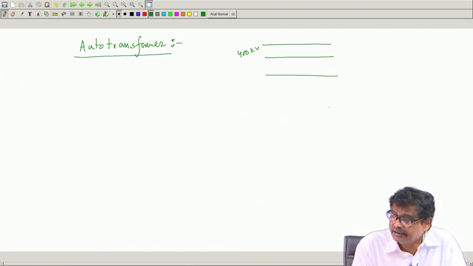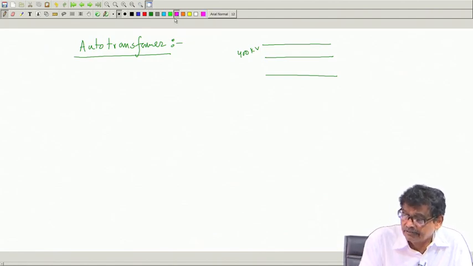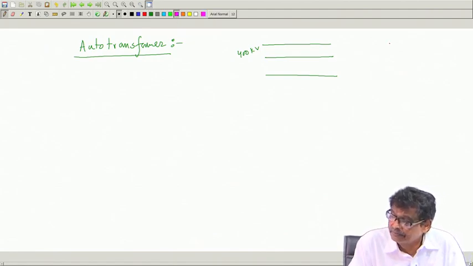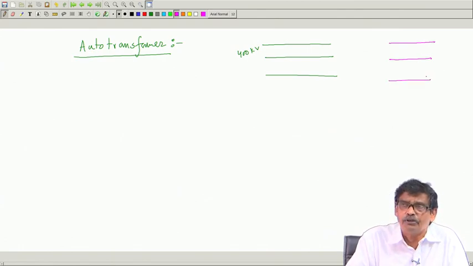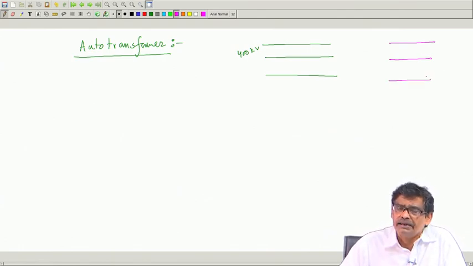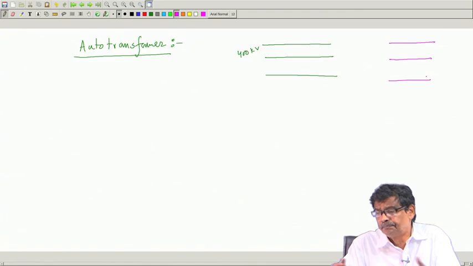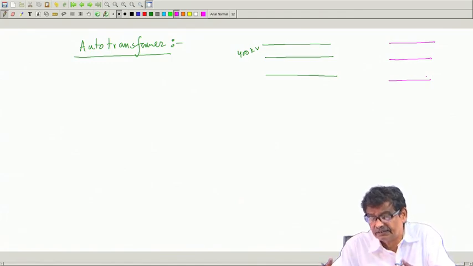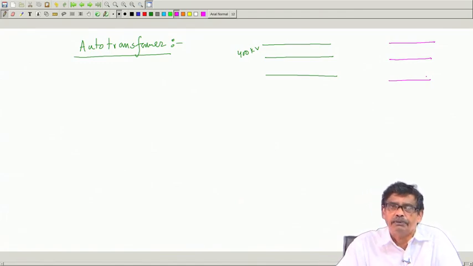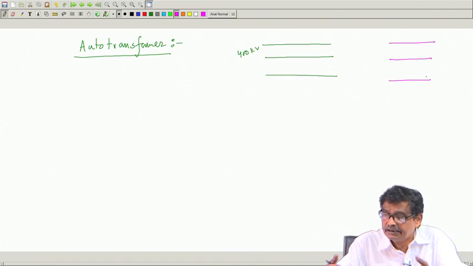Another grid with different colors I will draw, try to understand. This is supposed to be also 400 kV, and you know these power lines will ultimately be connected in parallel.